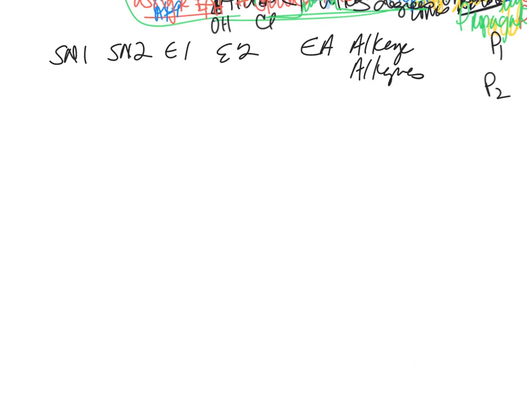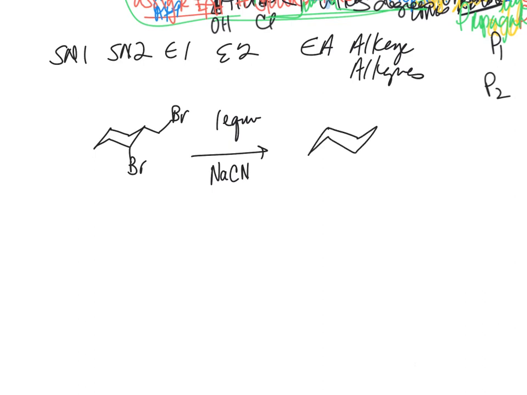So let's look at these. So if you have something like this, okay, and you have 1 equivalent of sodium cyanide, what's your product? And what's the reaction mechanism? Well, this is a secondary and this is a primary.